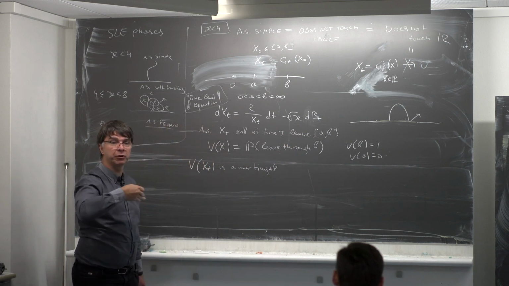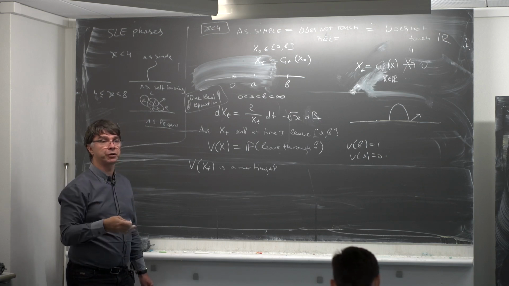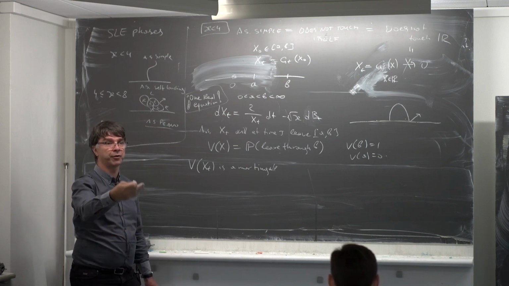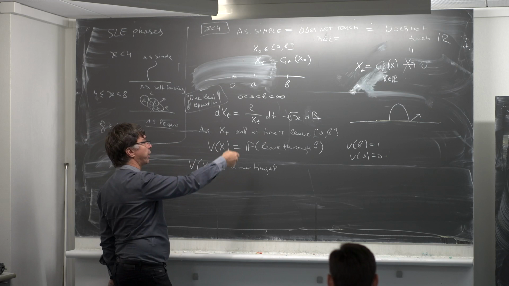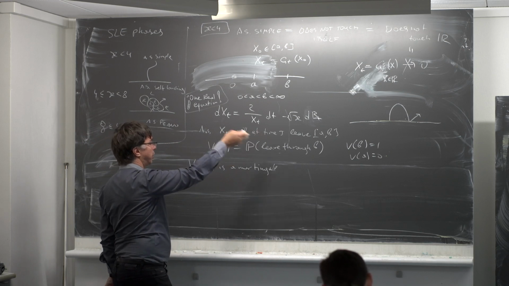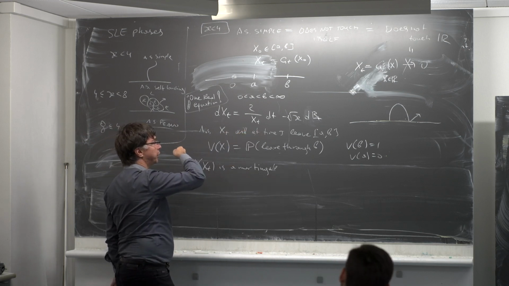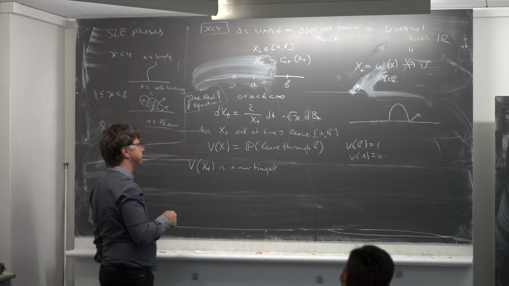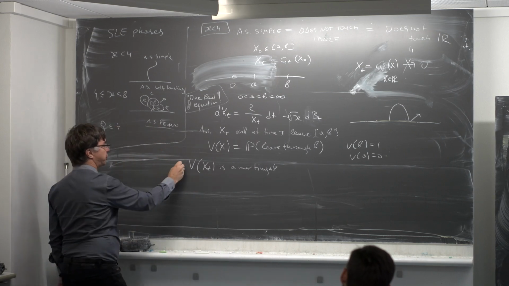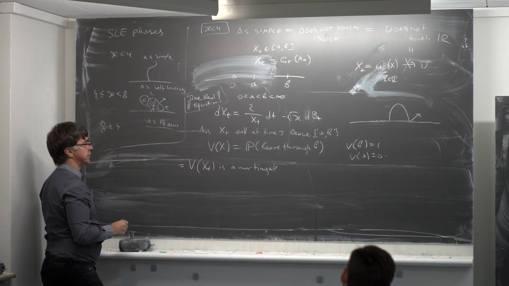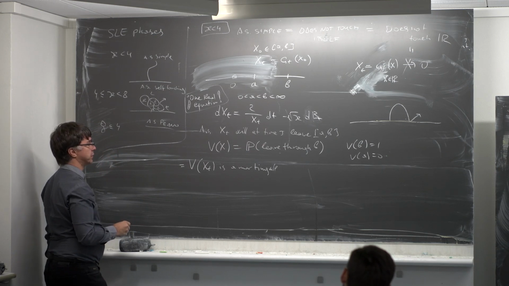But as we travel, we gain more and more information about the trajectory. If we are closer to b, it's more likely that we'll hit there; closer to a, it's more likely that we'll hit there. It's just the same trick. The reason why it's a martingale is just conformal invariance.